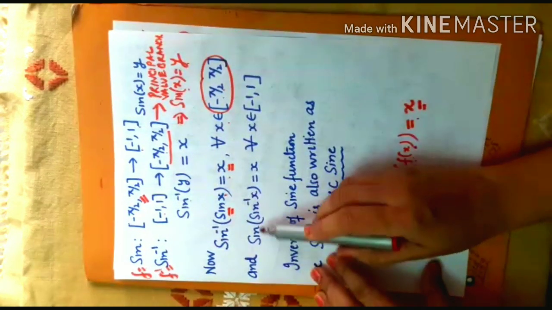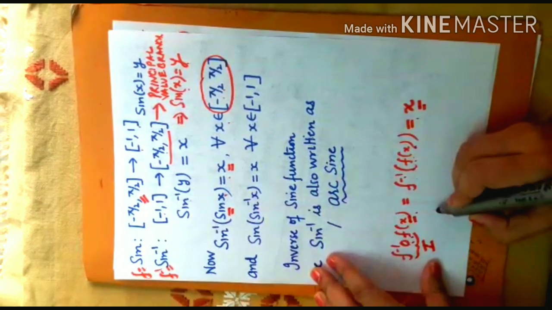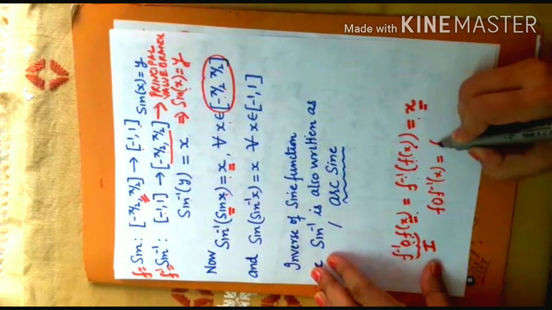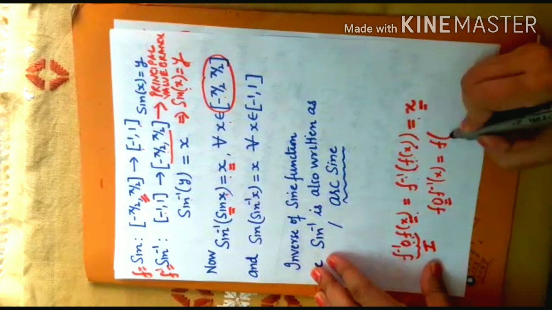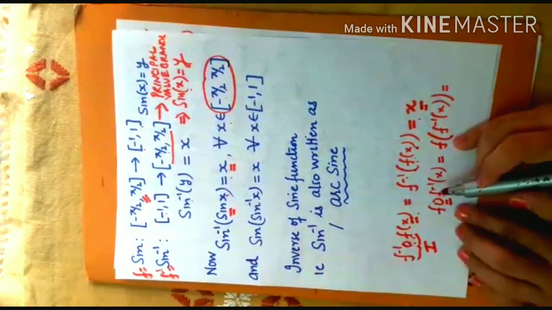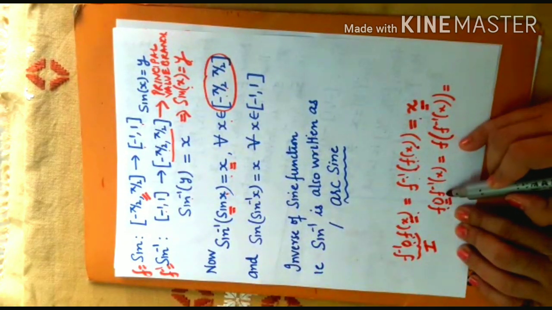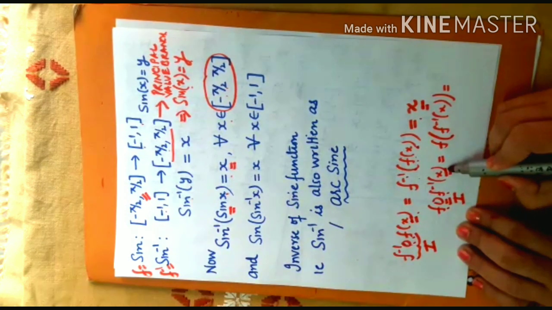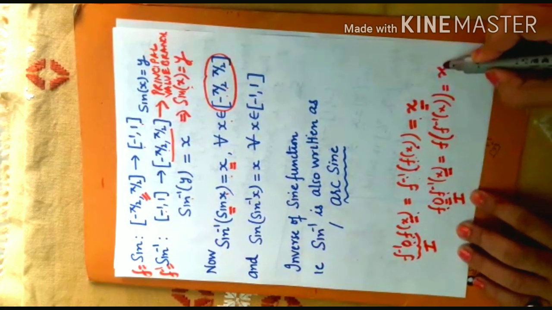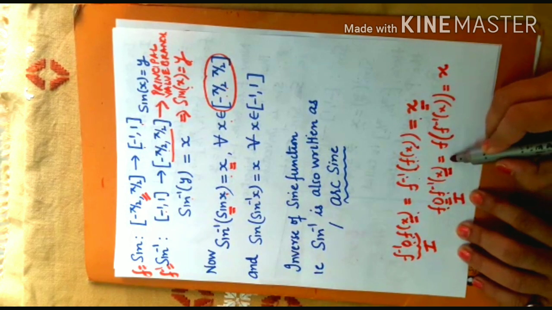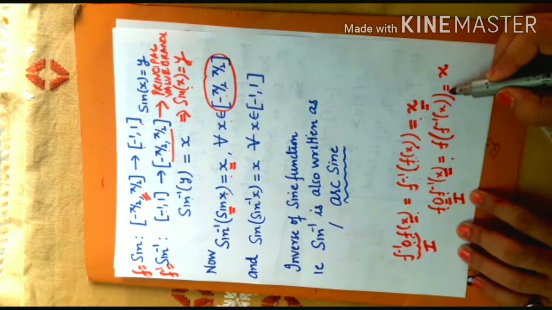Similarly, sine of sine inverse x, that is f of f inverse x, which we write as f, change this to bracket, f inverse x. Now again, composition of any function with its inverse will be an identity function. So image of x should be equal to x, because under the identity function, image of every x is equal to x.